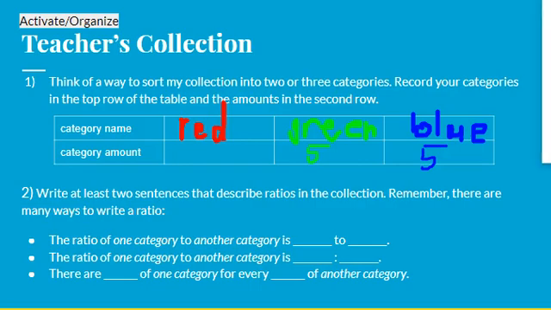Okay, so when we're talking about what a ratio is, it's just looking at how numbers relate. It's just how those numbers relate, okay? So one of the ratios I could talk about with one of these categories to another, if I talk about my reds to my greens, that ratio is 6 red to 5 green.